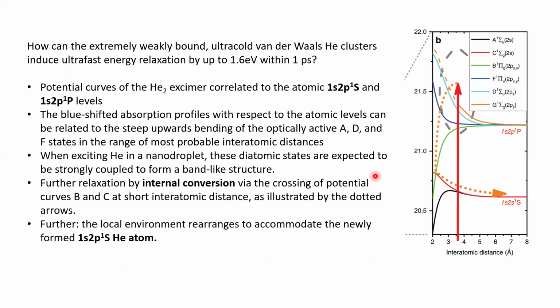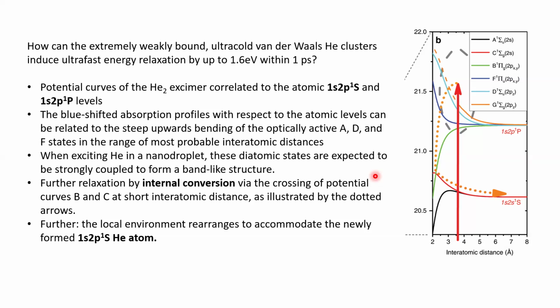As Joyce also mentioned earlier, the blue shift absorption profile is shown here, and with respect to the atomic levels it can be related to the steep upwards bending of the optically active A, D, and F states in the range of most probable interatomic distances.